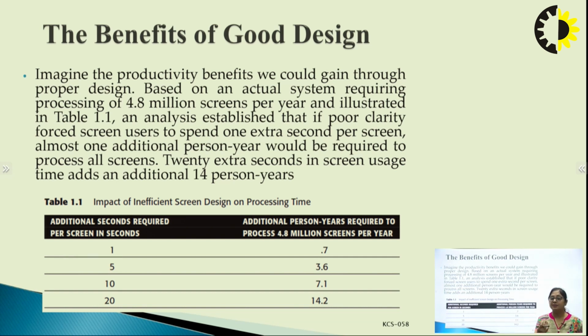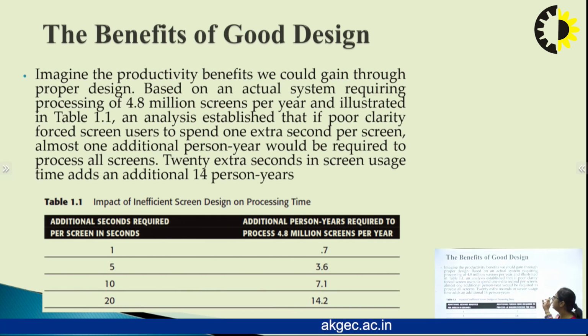One additional second results in 0.7 additional person years. An extra 5 seconds results in 3.6 person years. An extra 10 seconds requires 7.1 additional person years, and 20 additional seconds require 14.2 additional person years.